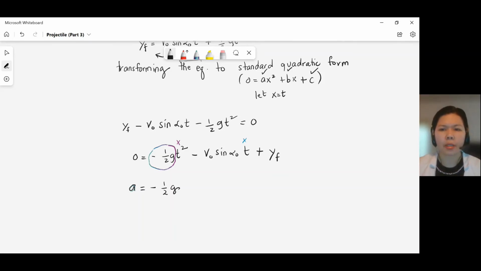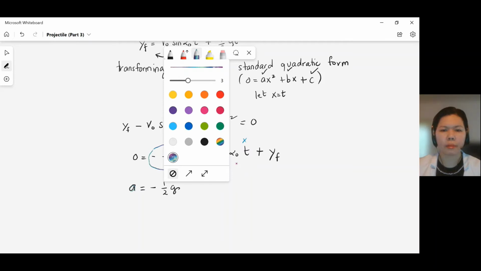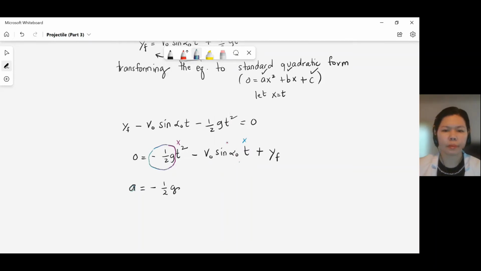Next term, plus bx: we have minus v naught sine alpha naught t, so b is equal to negative v naught sine alpha naught.